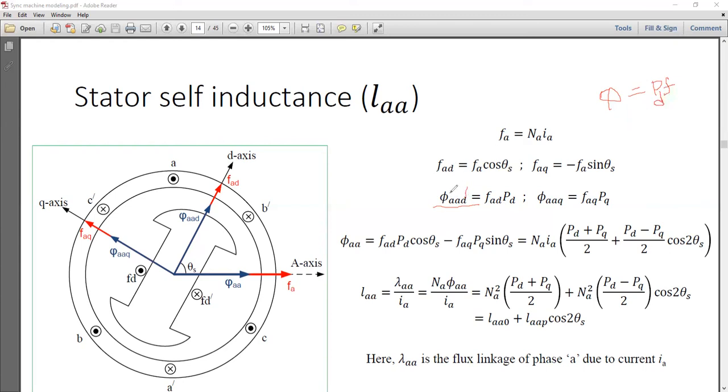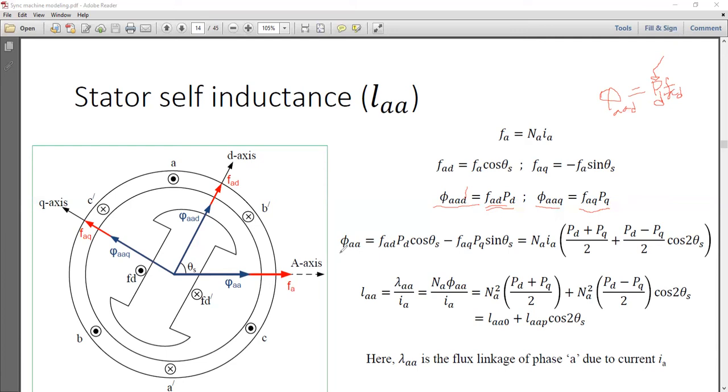If you are calculating the flux along the D axis, that flux experiences the permeance along the D axis, and the MMF is FAD. We call it phi AAD. So that is FAD into PD. Similarly, phi AAQ would be FAQ into PQ.